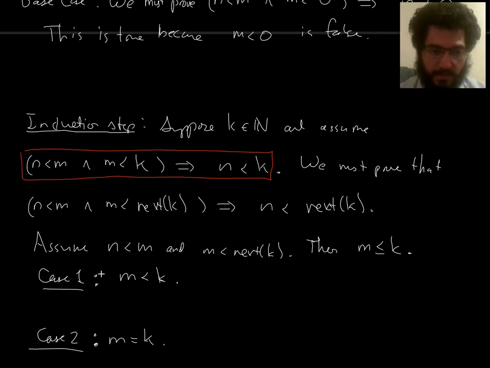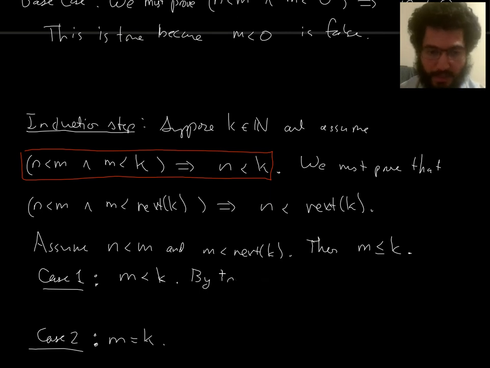Okay, let's look at case 1. So remember, the goal is to reach n less than next k. But case 1 basically gives us n less than k.